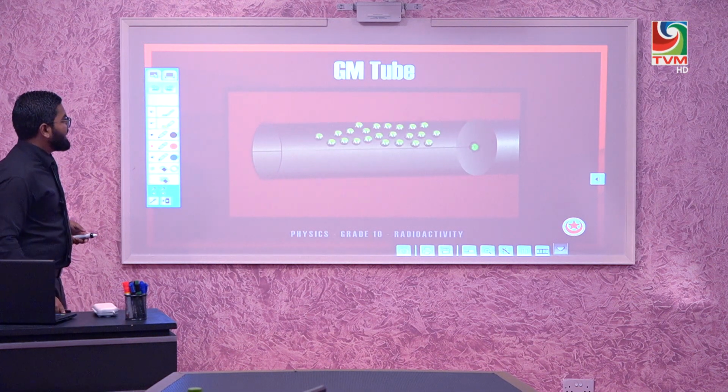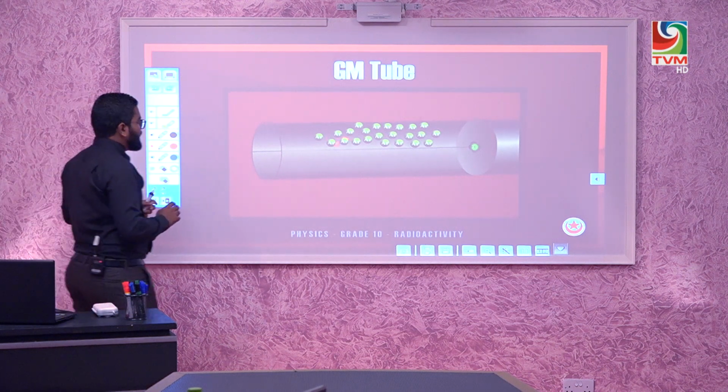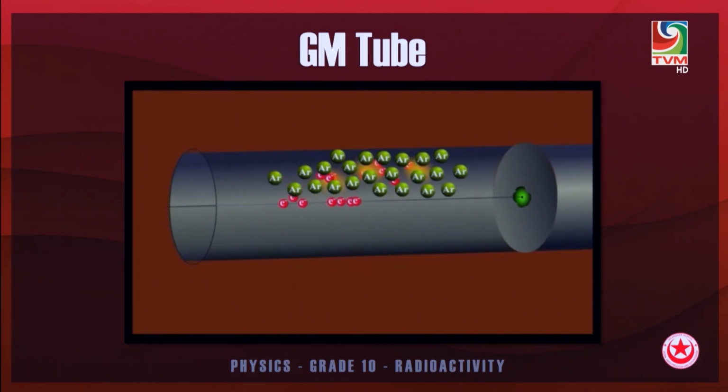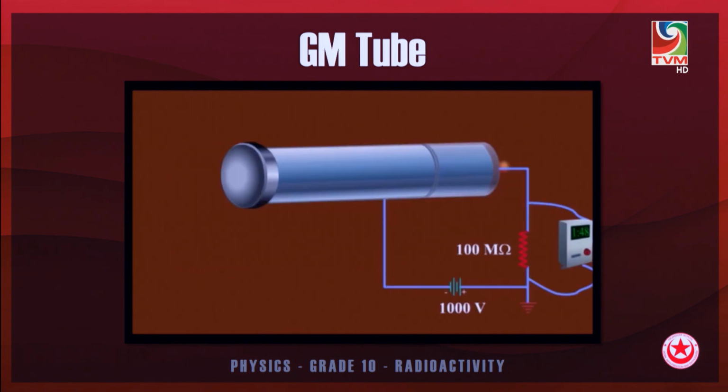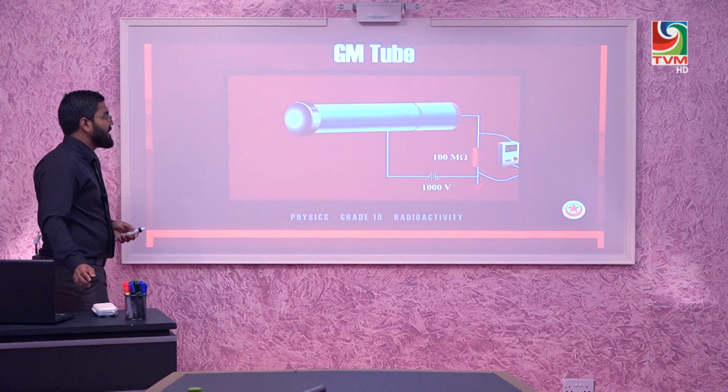In this video, the radiation passes inside and the argon is getting ionized, supplying a lot of electrons, and as a result the circuit completes and you are getting a reading. As I mentioned earlier, greater the ionizing, greater the reading, and lower the ionizing, lower the value you get at the rate meter.